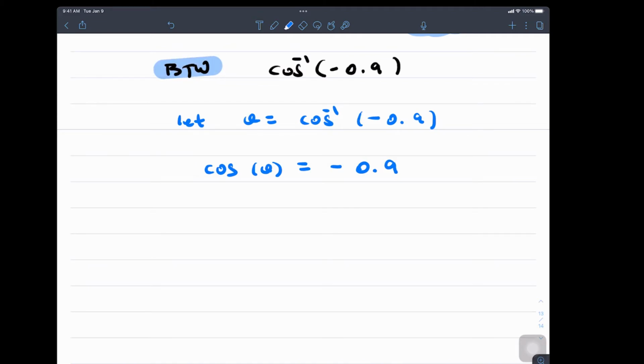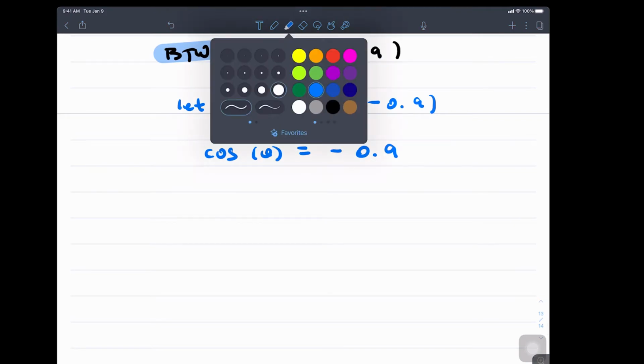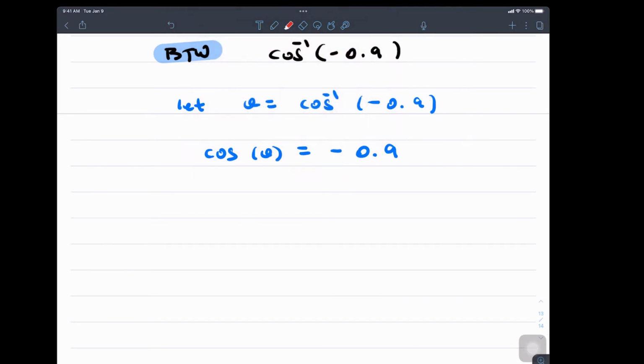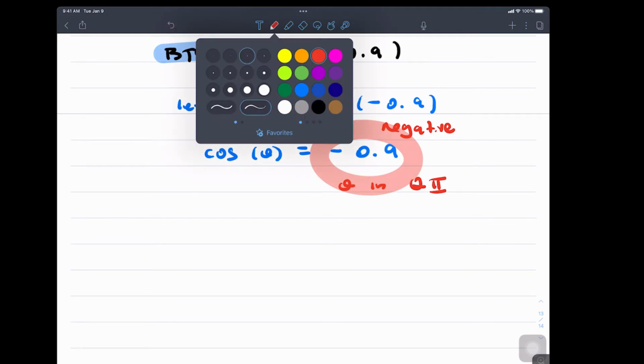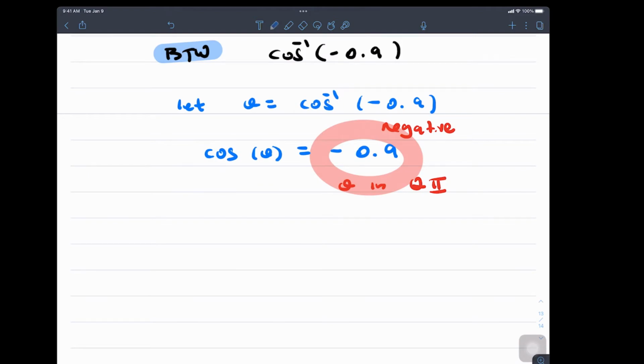Okay, and then you say, okay, Mr. Judge, I know what this means. You warned me about something like this. What does that mean? Theta is in quadrant 2, because this is a negative value. You guys know what I'm saying? And then you go, oh my God, so what does that mean? It means I have to go to the reference information where it's positive.